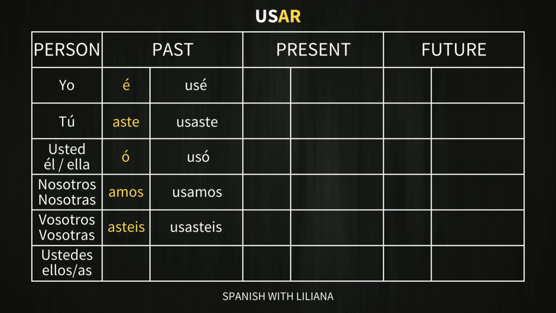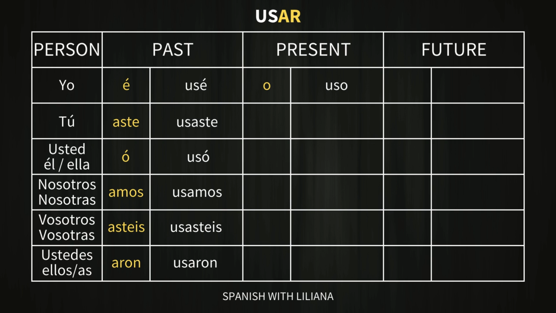For ustedes, the you plural, ellos or ellas, they, the AR is replaced with aron. So the full verb in past is usaron. In present tense, for yo, we're going to replace AR with o, so the full verb becomes uso.